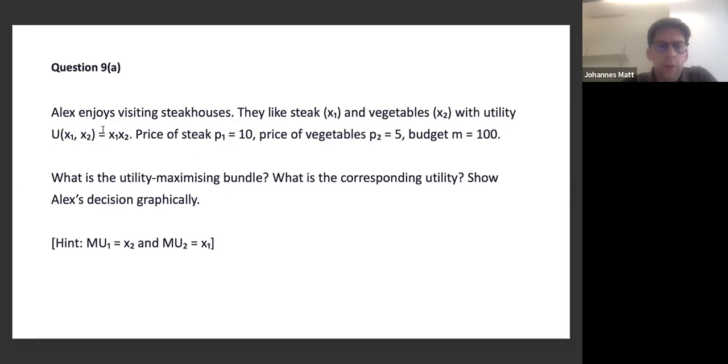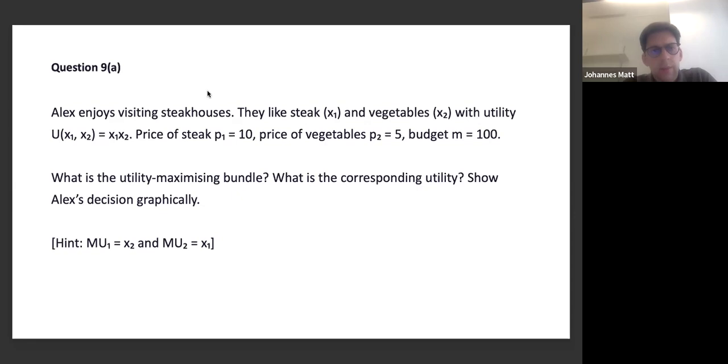There's Alex who enjoys visiting a steakhouse, who likes steak, and we're gonna be referring to steak here as X1, and also likes vegetables, and we're gonna call vegetables X2 to keep it short.